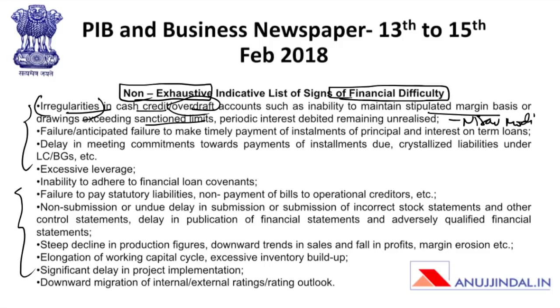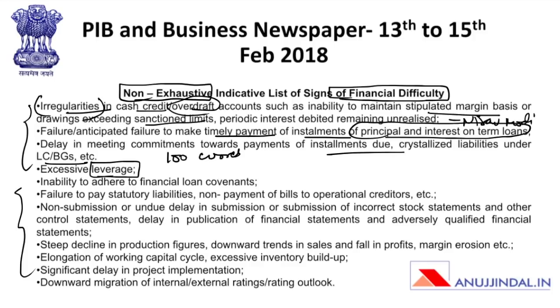Failure or anticipated failure to make timely payment of installments of principal and interest on term loans. Delay in meeting commitments towards payment of installments due. Crystallized liabilities under LCs or BGs, not very important. Excessive leverage. This means that the company has borrowed a lot. If it has a total capital of, let's say, 100 crores, against this it has borrowed 300 crores from the market. So the leverage in the company is much more when compared with the capital. Inability to adhere to financial loan covenants.